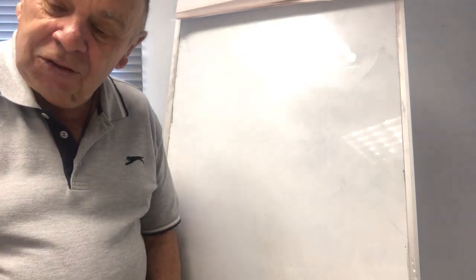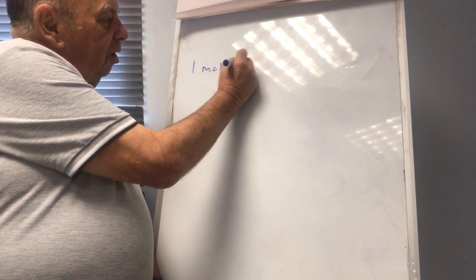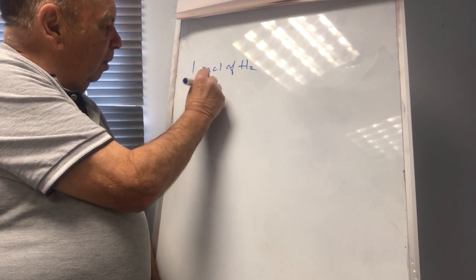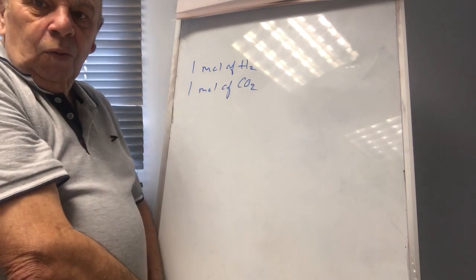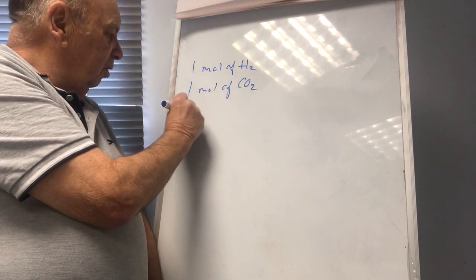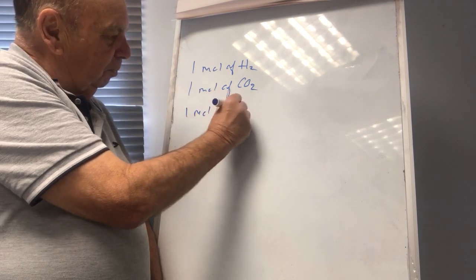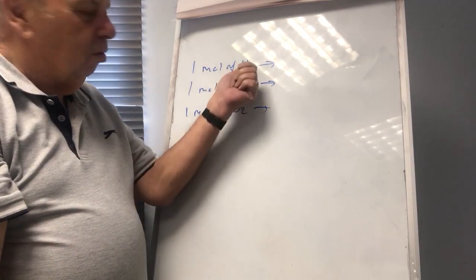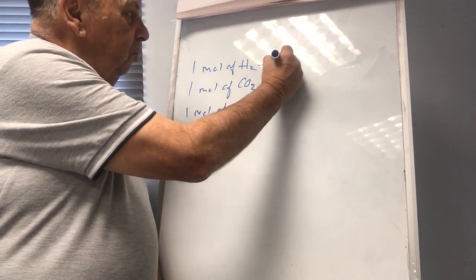Let's look at what I've just said. If I took 1 mole of hydrogen gas, 1 mole of carbon dioxide gas, 1 mole of oxygen gas, the relative molecular mass of hydrogen, H is 1, so it's 2.